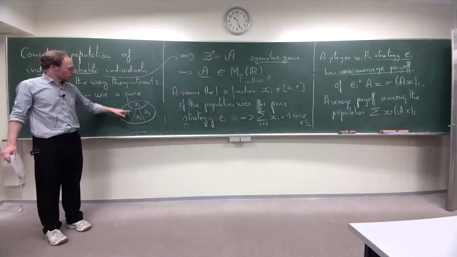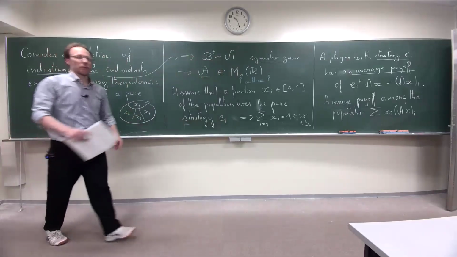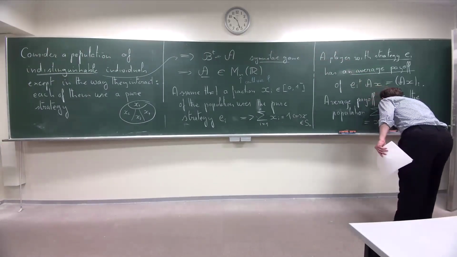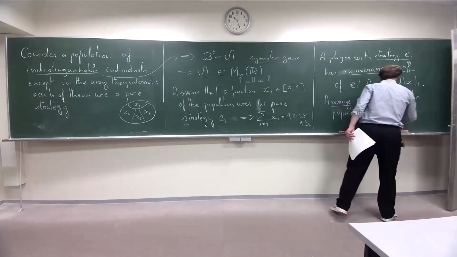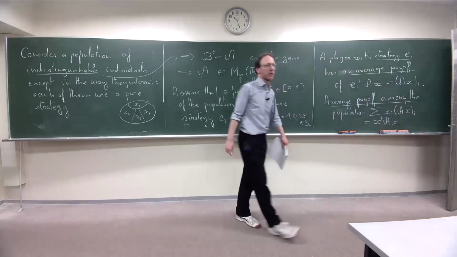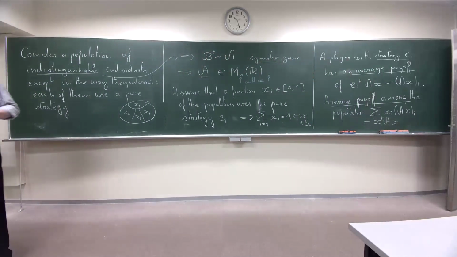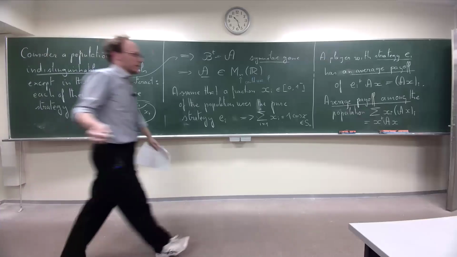Then if we do the average, we have the same expression for the second type, third type, and fourth type. And we observe that this is nothing but x transpose AX. So it means the average payoff among this population is nothing but this expression. Okay? Any question? So it's, in fact, just a way of thinking about mixed strategies in a different way, but it's nothing very different from this.